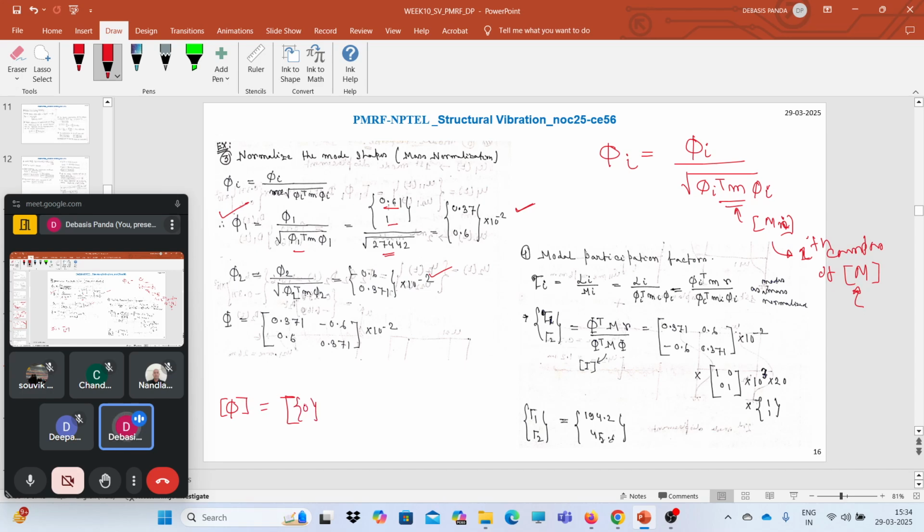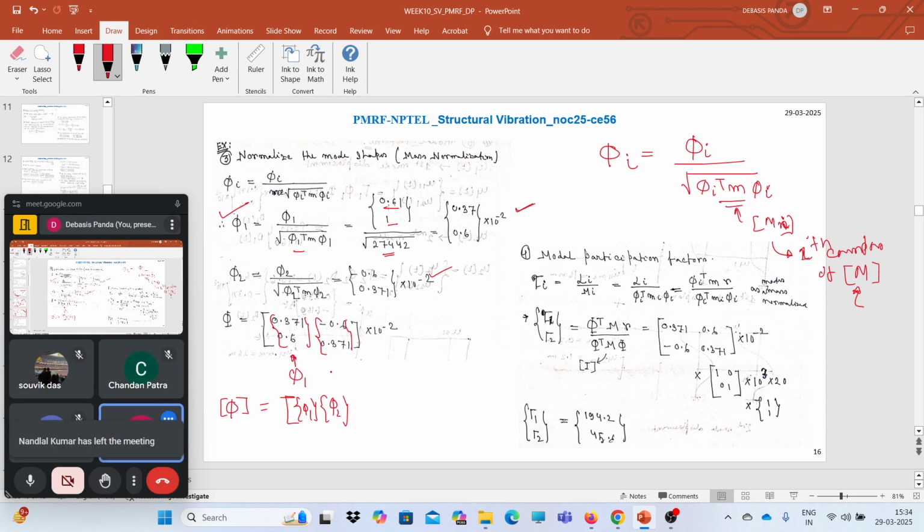This is nothing but your phi 1 and phi 2. So this is your phi 1 and this is your phi 2. Now once we have these mass normalized mode shapes, we can easily calculate the participation factor.